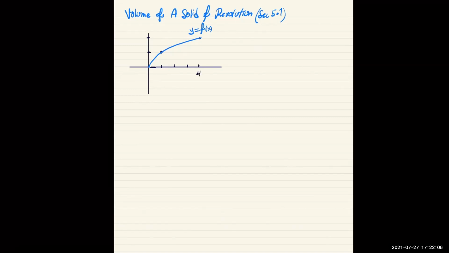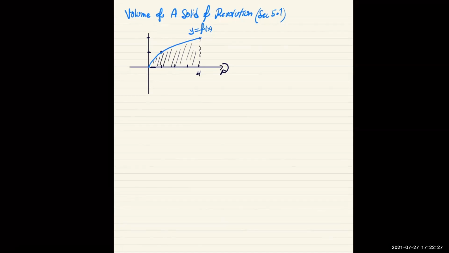So what we do is we take the region bounded by the graph and the x-axis, and revolve the whole thing around the x-axis. The x-axis is called here the axis of revolution.